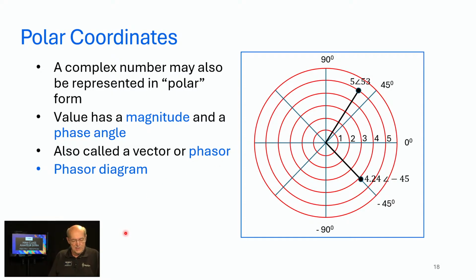Other things that you'll see this called are a phasor, a vector or a phasor, and a diagram showing multiple points of impedance is also called a phasor diagram. So you get all of this terminology, and a lot of it just kind of means the same thing. So I'll let you absorb that for just a few seconds here.